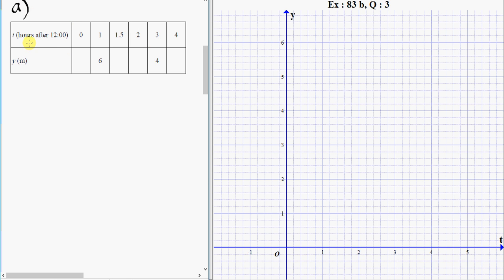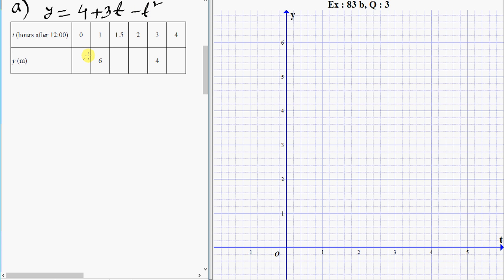So this time t is given in hours after 12:00, that means midday. So when t equal to 0, we can find y. The equation is y equal to 4 plus 3t minus t squared.